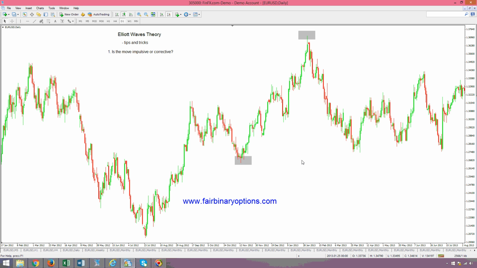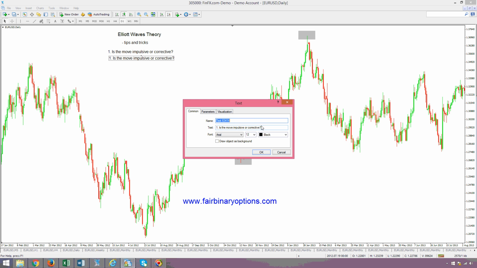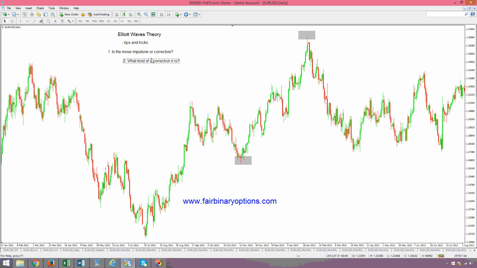And then, if it is a corrective wave, the very next question that you should ask is what kind of a correction it is? Because if it is a simple correction, implications are different than if it is a complex correction.